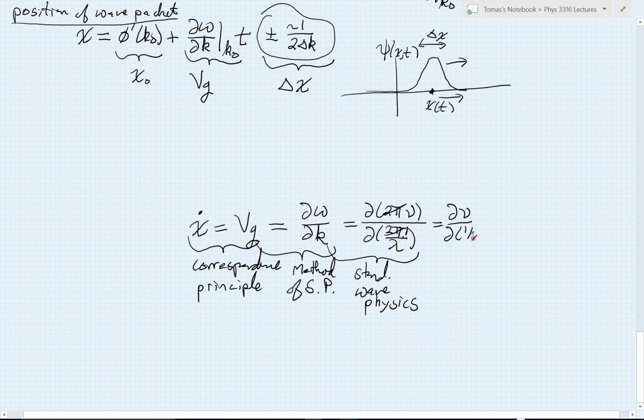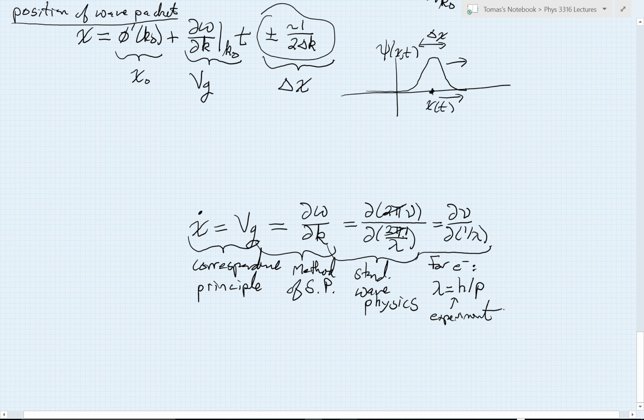Now here's where things get interesting. What we know, I'll just include that in there because that was just a little bit of rewriting the math. That's still coming from our standard wave physics. Now remember what we know for, say, electrons or nuclei, right? We know that lambda directly from experiment is h over p. That comes to us from experiment.